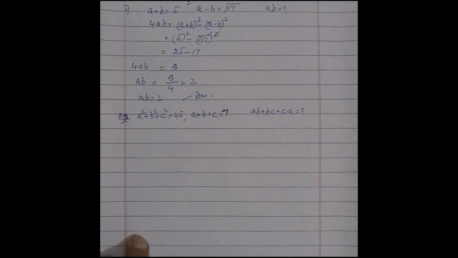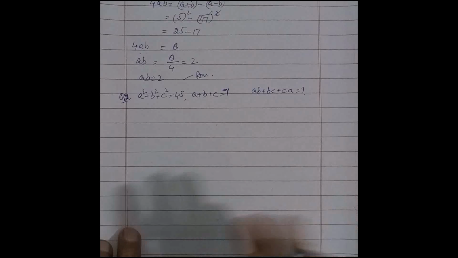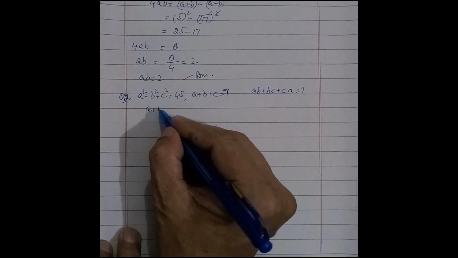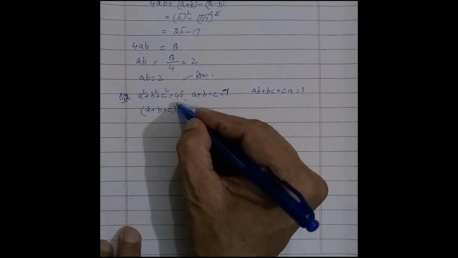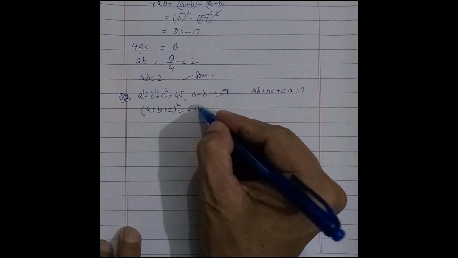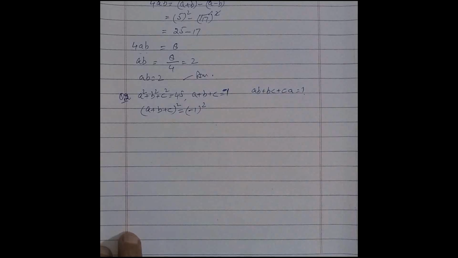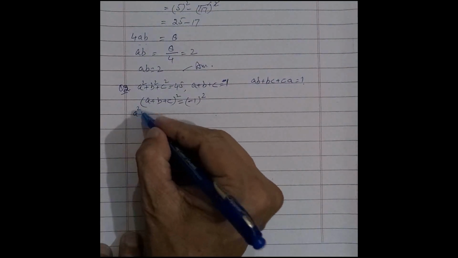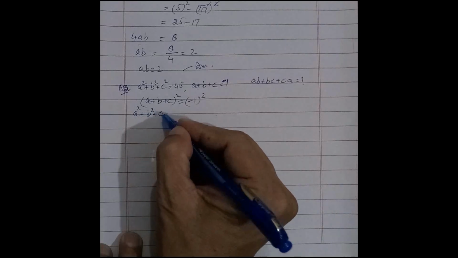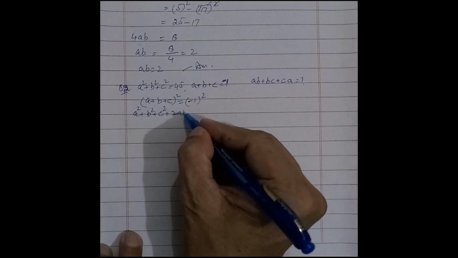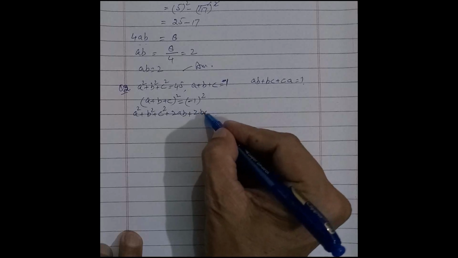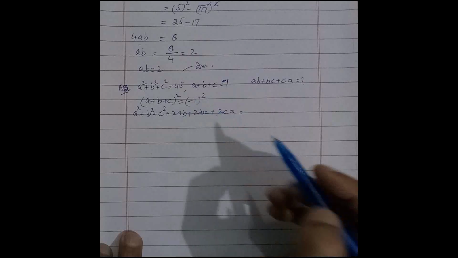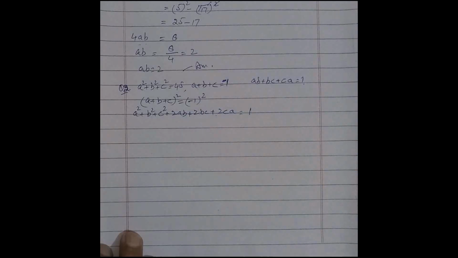So it is also a formula we have, in which first we take a plus b plus c whole square is equal to minus 1 square. Take the square both sides, we get a square plus b square plus c square plus 2ab plus 2bc plus 2ca is equal to minus 1 square is plus 1.